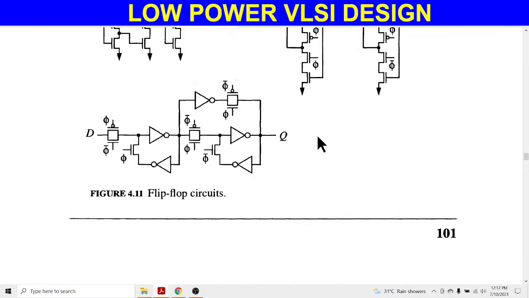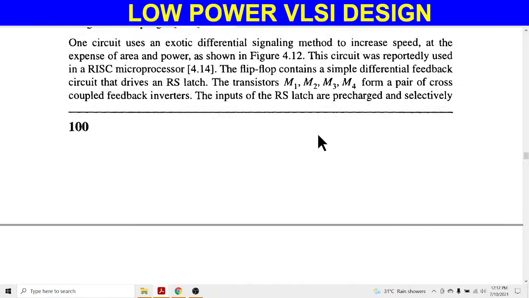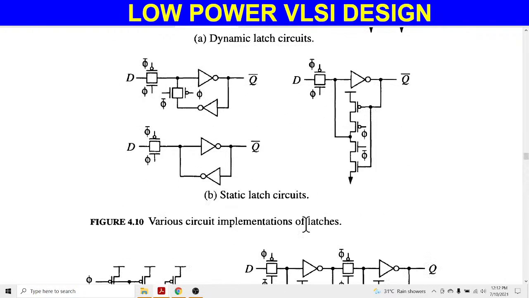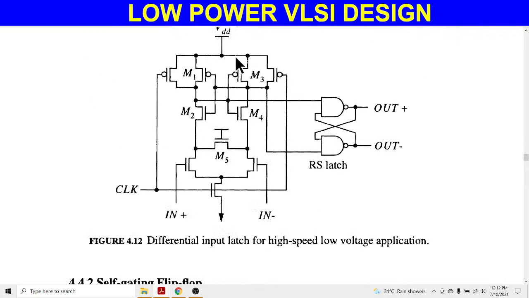One more differentially encoded flip-flop circuit is mentioned there, using the differential signaling method. Here you can see this one is the latch, this one is the internal circuitry.